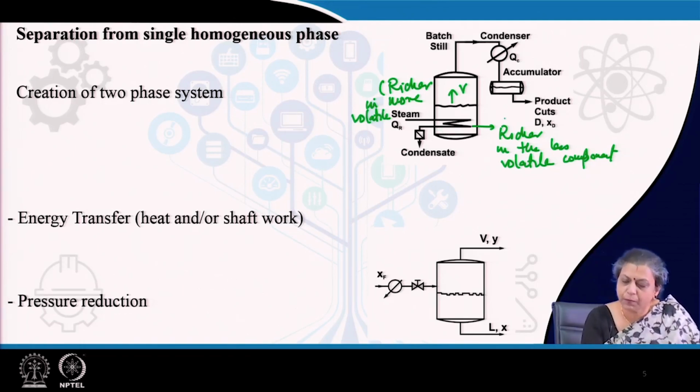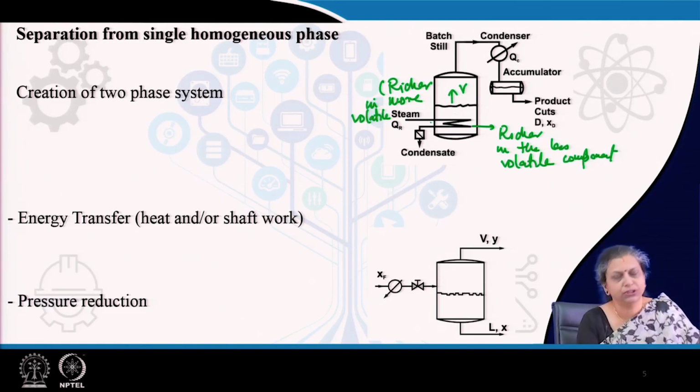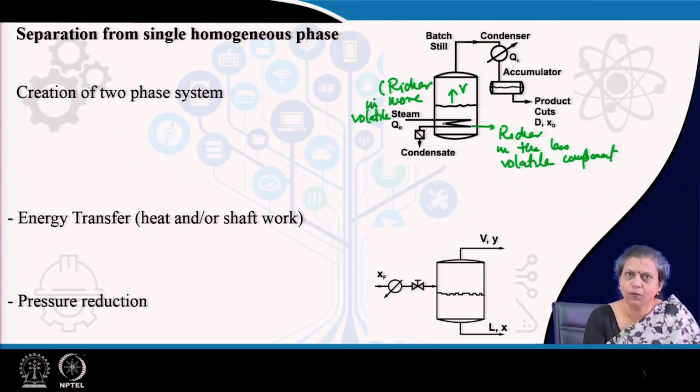So, this is one particular way by which a second phase, or rather a vapor phase, has been created from a liquid phase by application of heat. The vapor phase, obtained by partially vaporizing the liquid feed, separates the liquid into more volatile components which are obtained as a product, leaving behind the less volatile components.